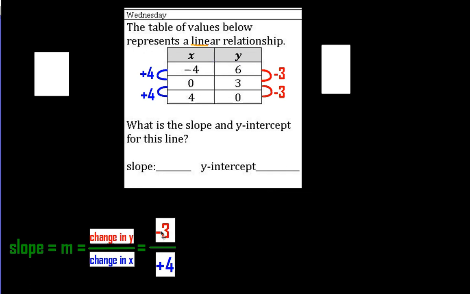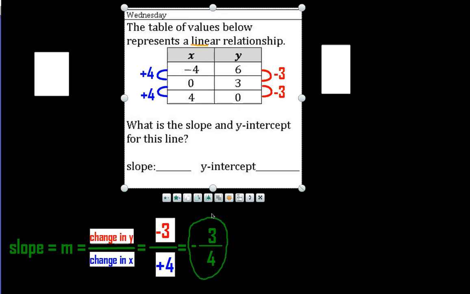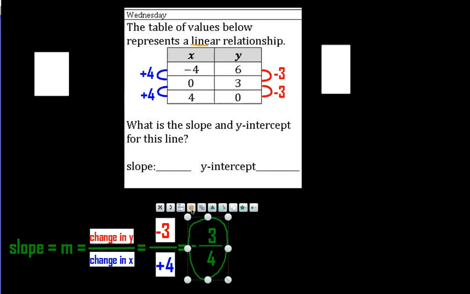Again, it does not matter which sign is where, as long as you know that the ratio is still going to be negative. So that means that it's going to be -3/4. And all that's saying is, for every 4 steps to the right, you have to go down 3 steps. So our slope is going to be -3/4.